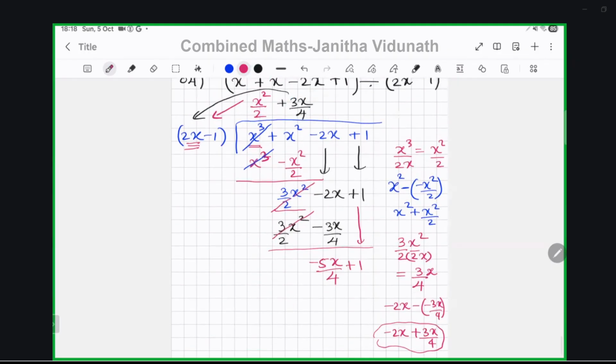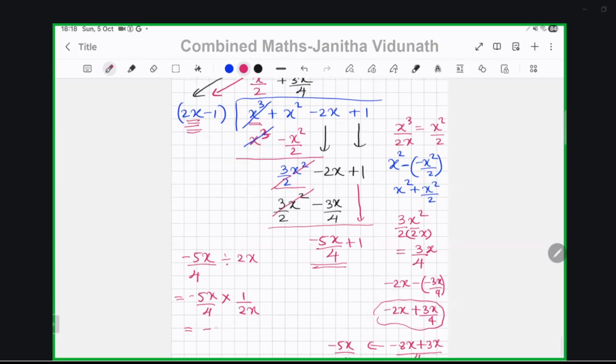Then we need to divide the leading term of the remaining part, minus 5x over 4, by the leading term 2x. That means minus 5x over 4 needs to be multiplied by the reciprocal of 2x.